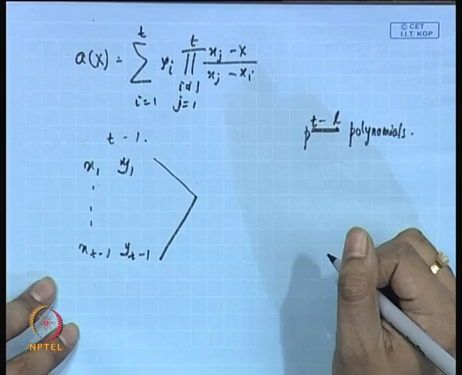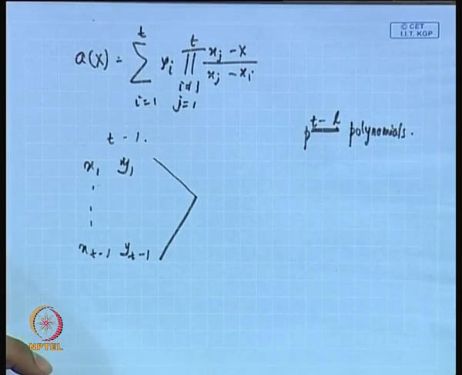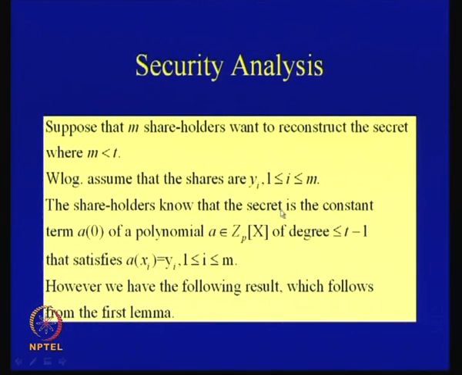So, being more precise, you see that suppose there are m shareholders who want to reconstruct the secret where m is less than t. Okay. So, without loss of generality again, assume that the shares are yi, where i varies from 1 to m.